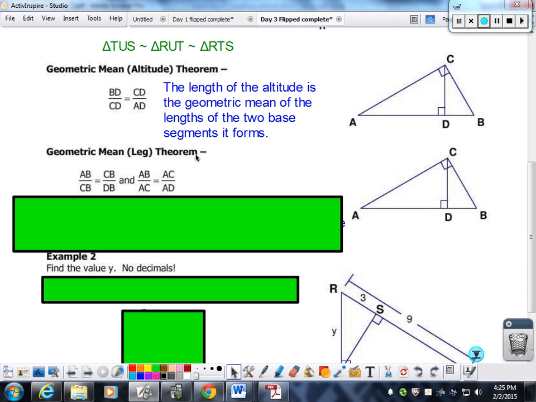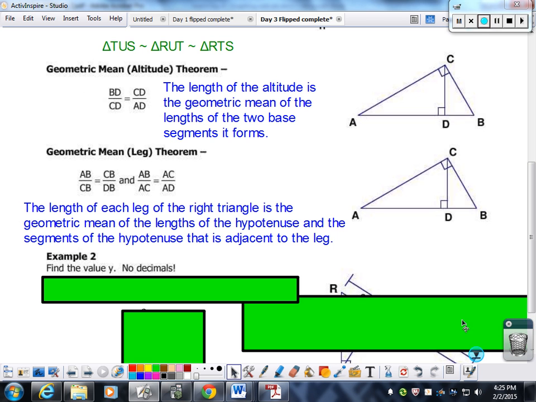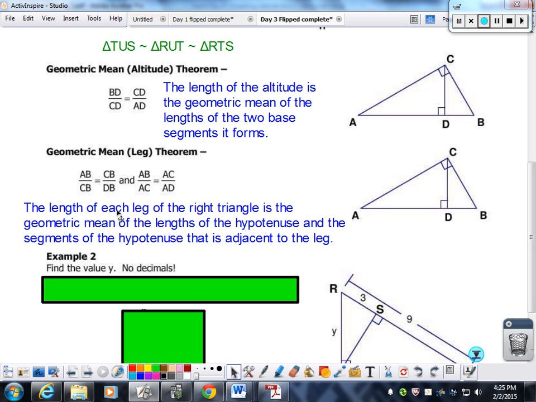The geometric mean leg theorem tells us that the length of each leg of the right triangle is the geometric mean of the lengths of the hypotenuse and the segment of the hypotenuse that is adjacent to the leg. I know that sounds confusing, but if we look here, CB is going to be the geometric mean of AB and DB, which are the two segments that are adjacent to it.